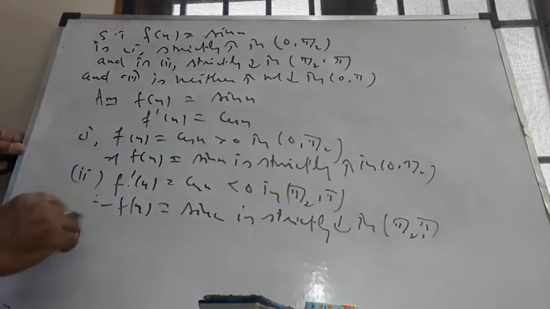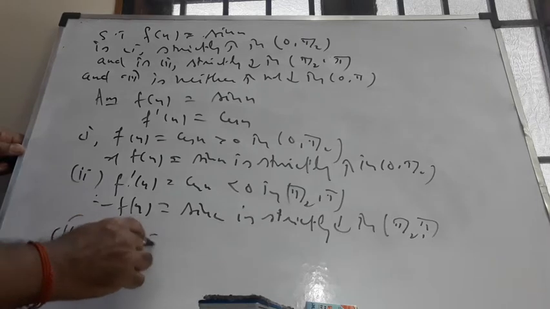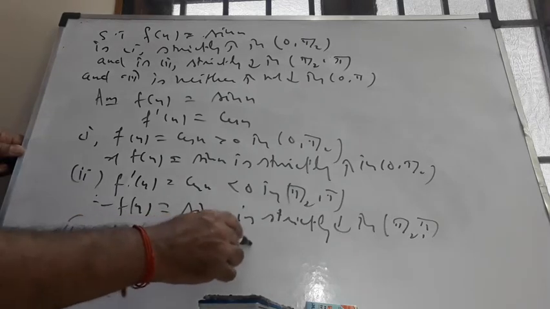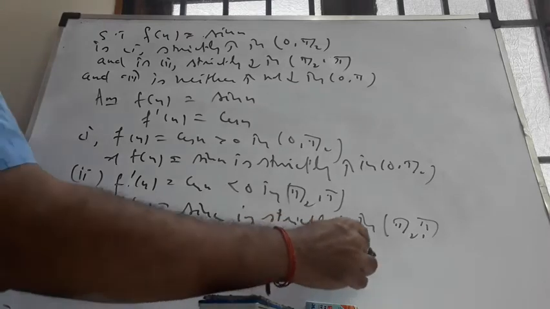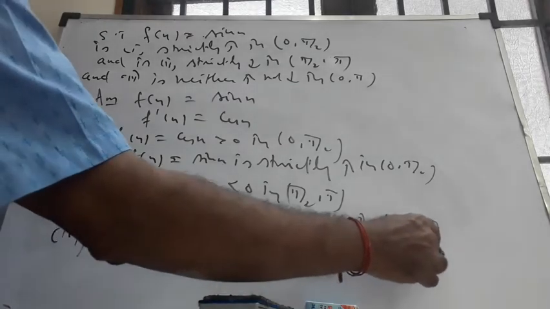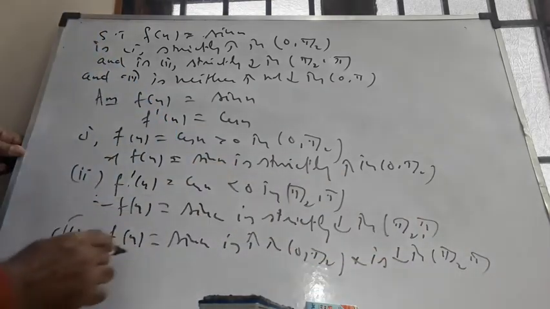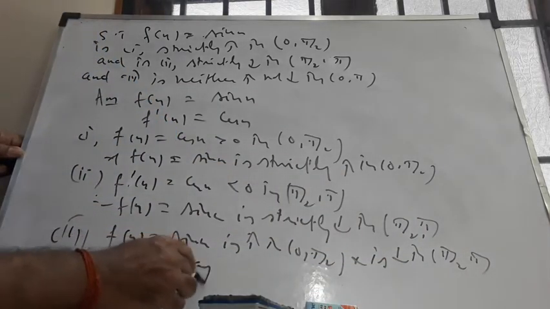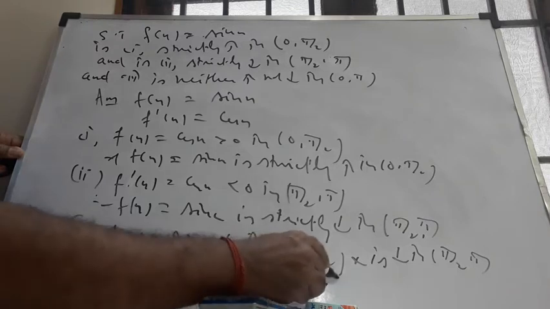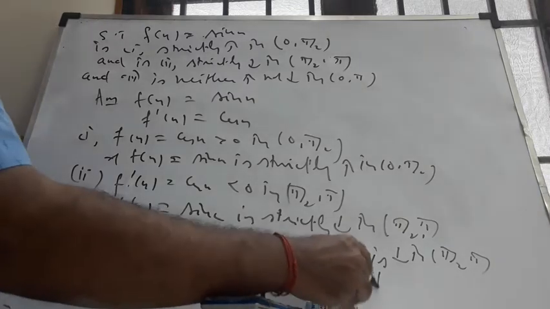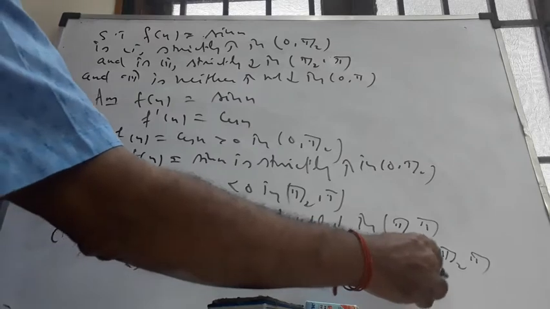Thirdly, f of x equal to sin x is increasing in 0 comma pi by 2 and decreasing in pi by 2 comma pi. Therefore, we say it is neither increasing nor decreasing in 0 comma pi.